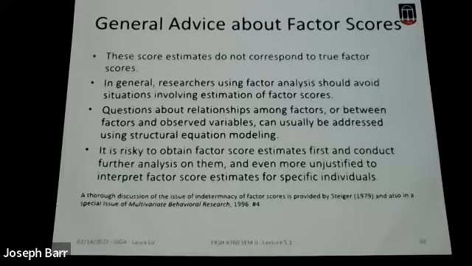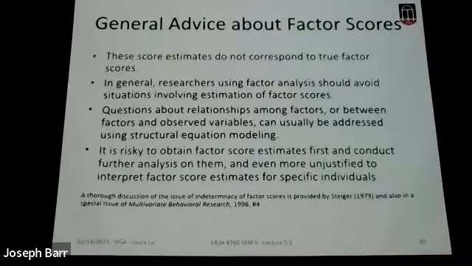Because these scores do not correspond to true factor scores. As I mentioned, factor scores are not unique. So what you obtain by using these methods are not true factor scores. So it's kind of risky.